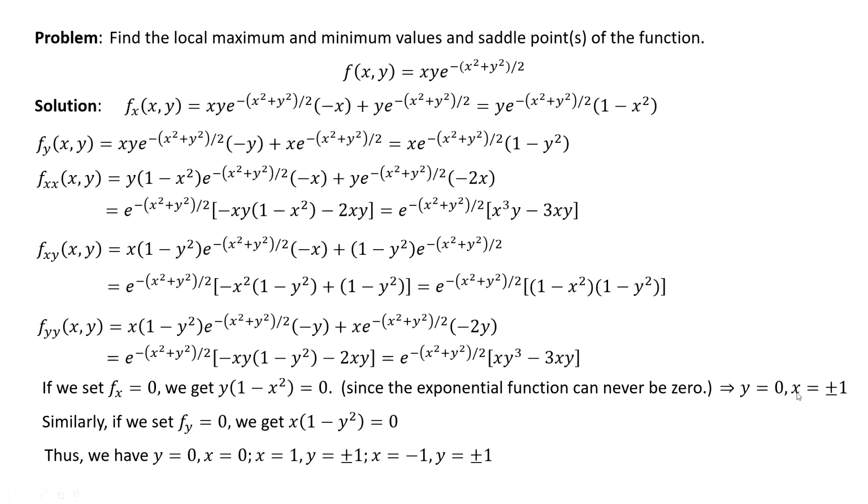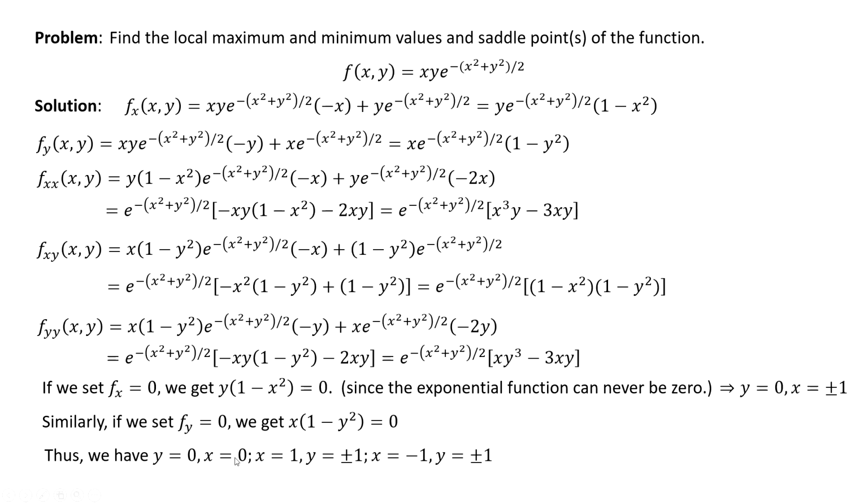And then let's go back and pick up x equals positive 1 and use that condition over here. x equals 1 implies 1 times (1 minus y squared) is equal to 0, and then y must be plus or minus 1 because y squared is equal to 1. So x equals 1 gives us y equals plus or minus 1. Now let's come back and pick up x equals negative 1. If we do that, again, y is plus or minus 1.